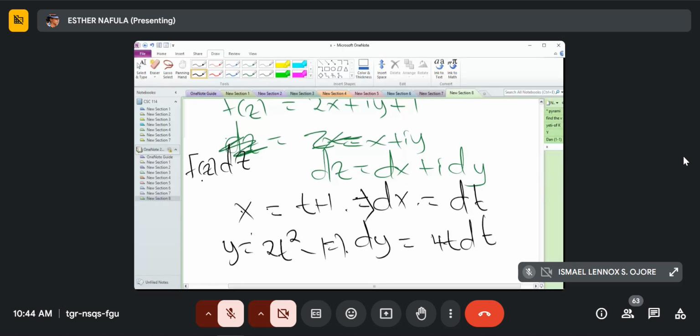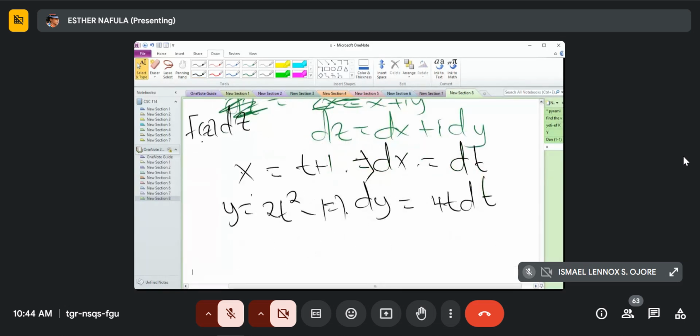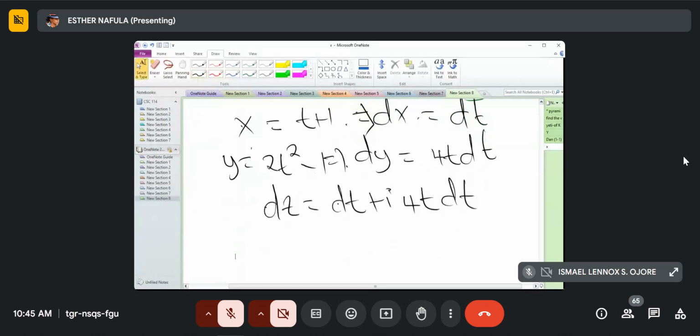So what will be our dz? We can actually finish with that first before we go back to f of z. What is dz? dz is dt plus i 4t dt. So that will be our dz. We have dz in terms of the variable t.